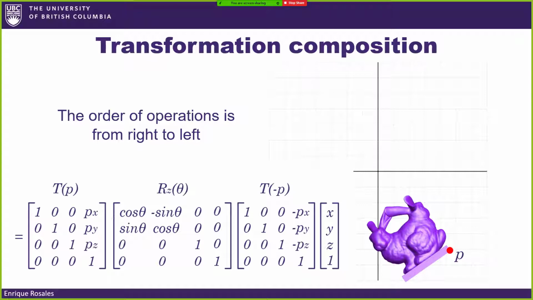And again, please remember that we are always using the column vector notation. It means that matrices multiply the vector by the left side, and the order of operations is always from right to left. Okay, this is super important. Please never forget that.